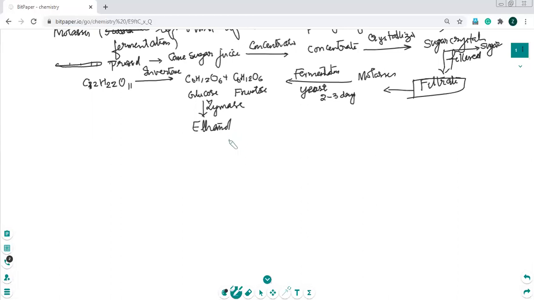Both glucose and fructose get fermented into ethanol plus carbon dioxide.